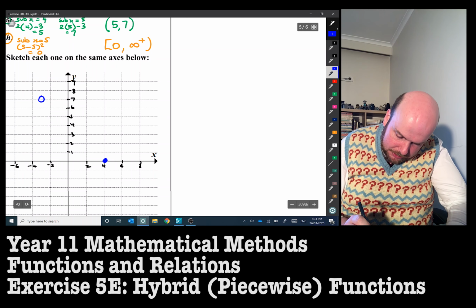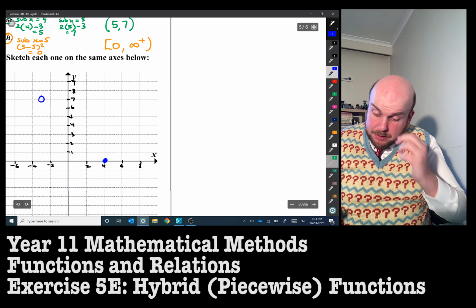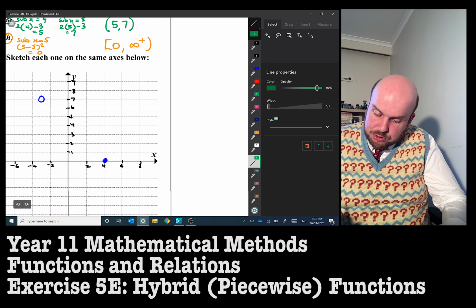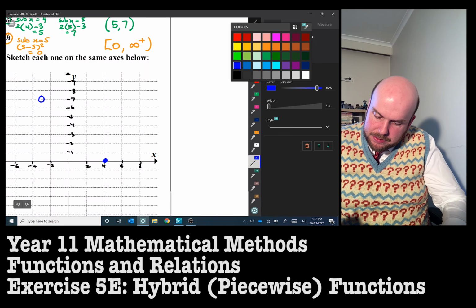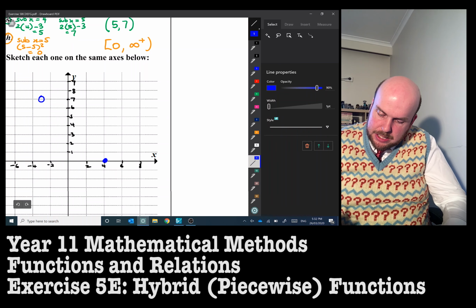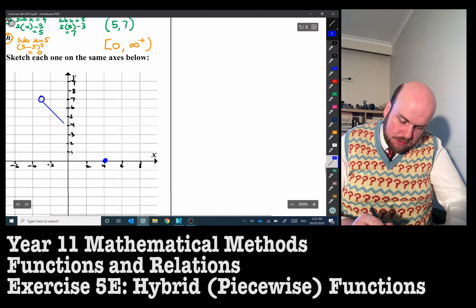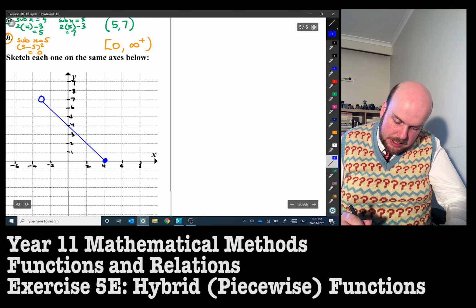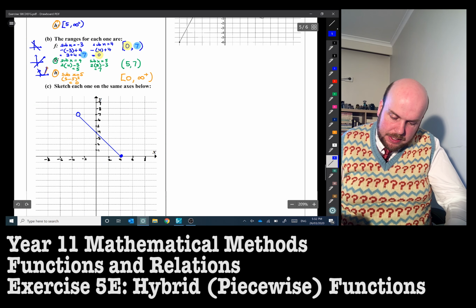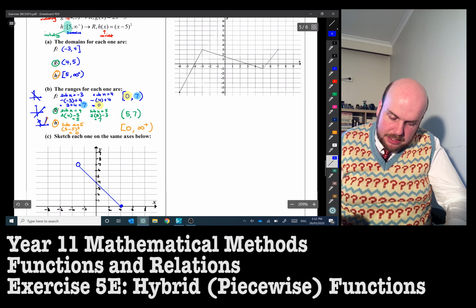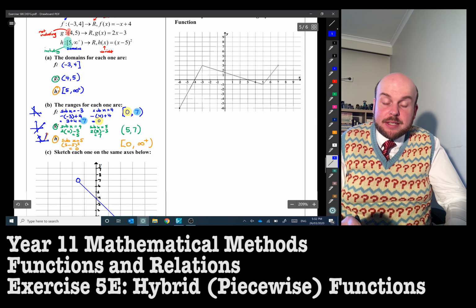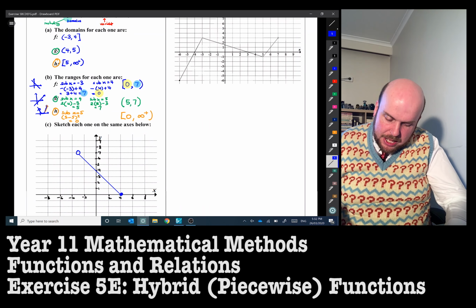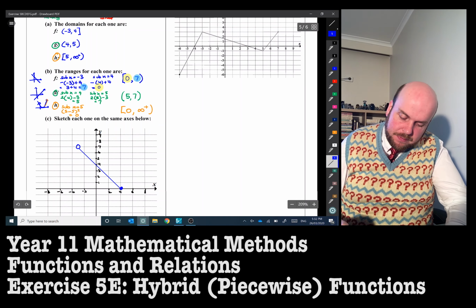So we're going to put a big old dot here. And what I'm going to do is get my little straight line tool here. Come on, dear. There it is. And we're going to go and draw a line like so. There we go. And it should have a y-intercept of 4, and thankfully my drawing is somewhat accurate.